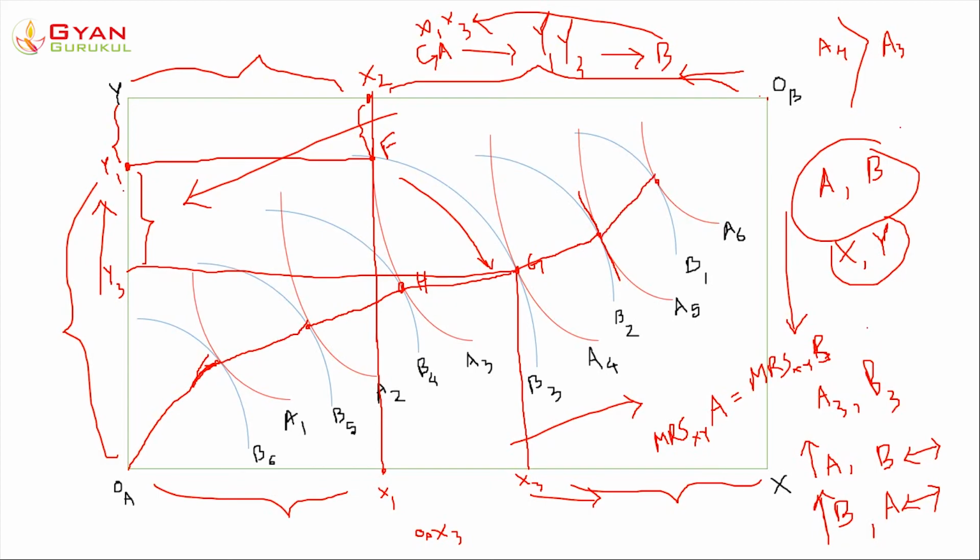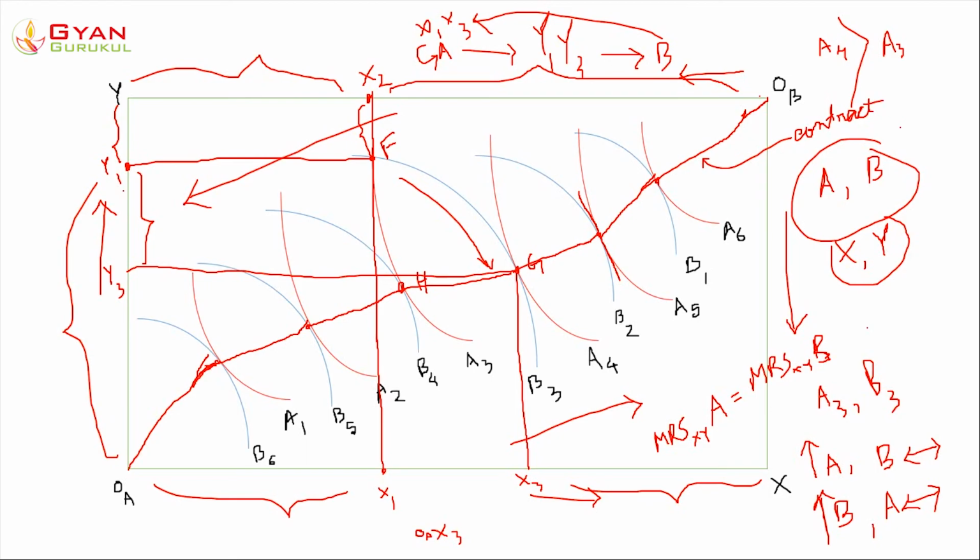If we join all the points of tangency of the indifference curves, then we get a new curve. Now we call this curve a contract curve, right? We call this curve a contract curve.